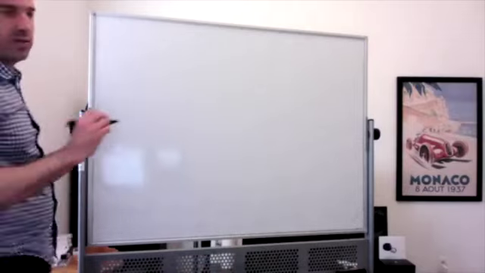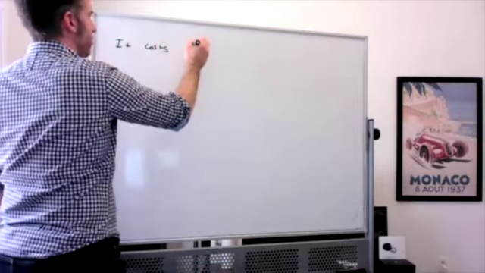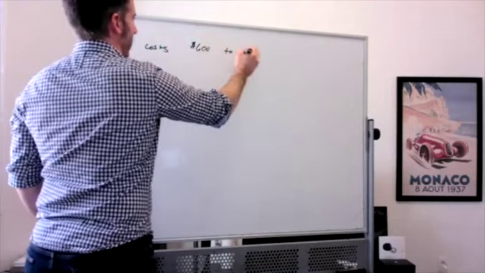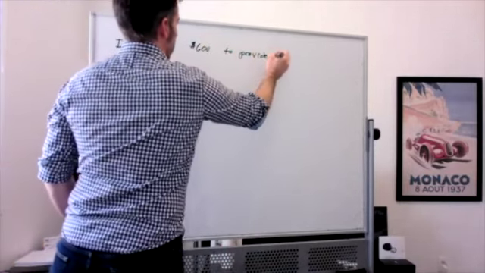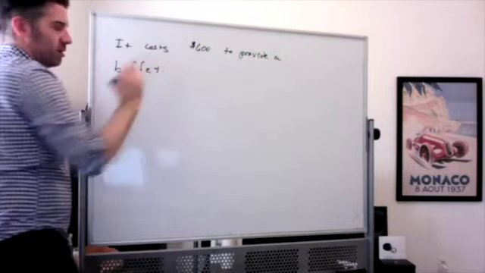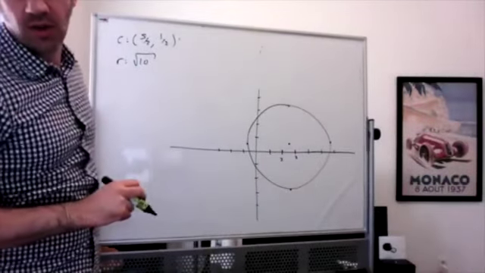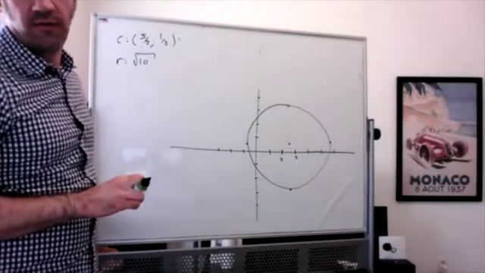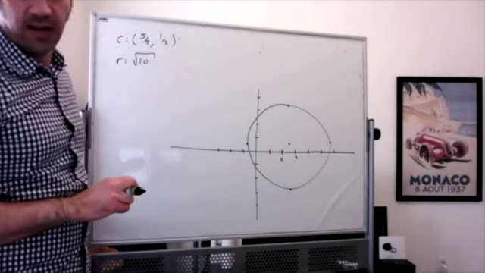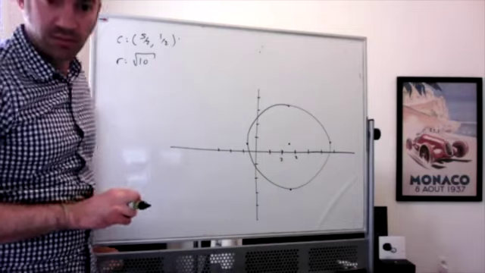It costs a sushi restaurant $600 to provide a buffet. You couldn't imagine eating at a buffet yet. Sure. So if they charge each customer $15, write an equation for the profit in terms of the number of customers.